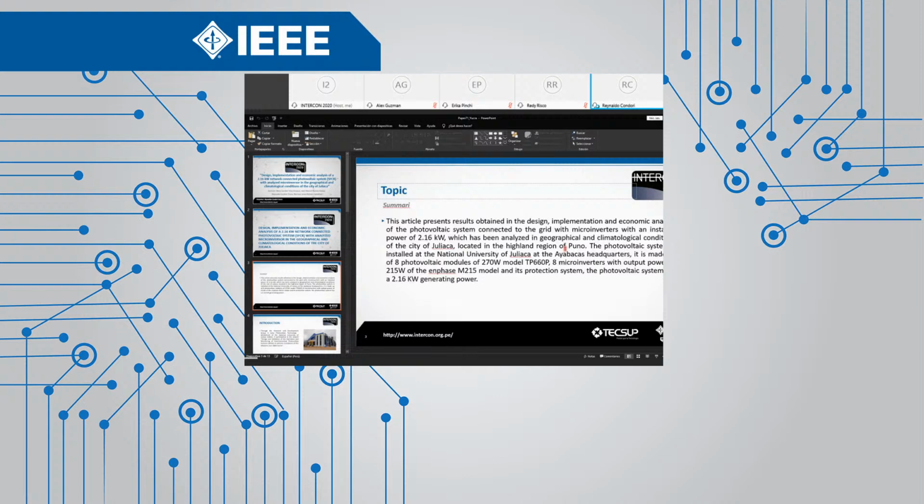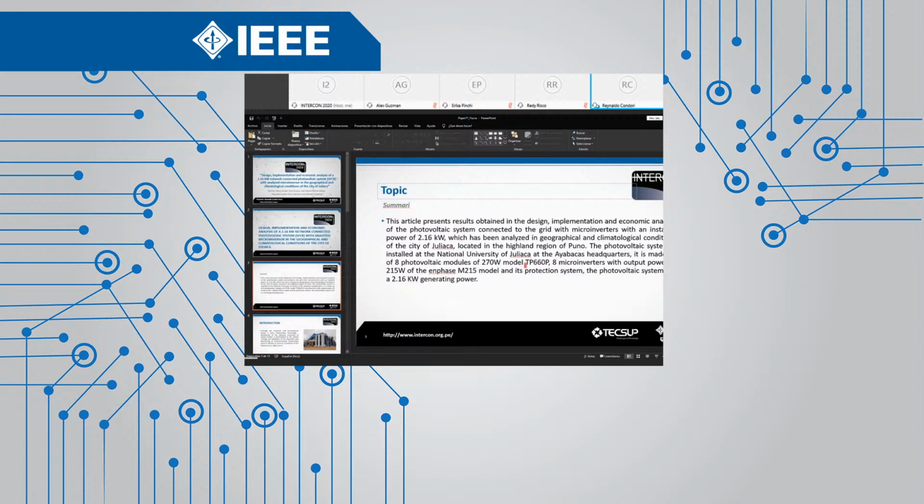It is made up of 18 photovoltaic modules of 270 watts, model TP660P, and 8 microinverters with output power of 215 watts, model M215, which includes a protection system.